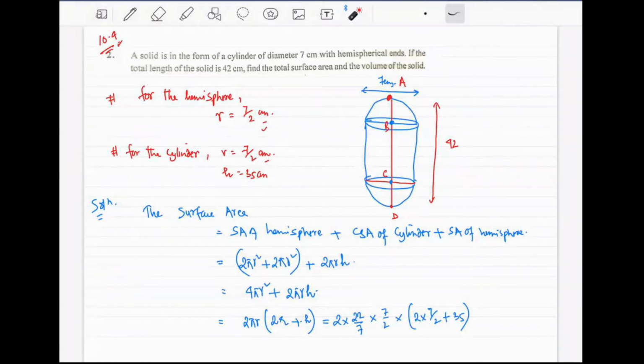Now time to do some cancellation. 2 and 2 get cancelled. 7 and 7 get cancelled. This 2 and this 2 get cancelled. What is left? There is a 22 left. Here is 7 left. Here is 35 left. Right?